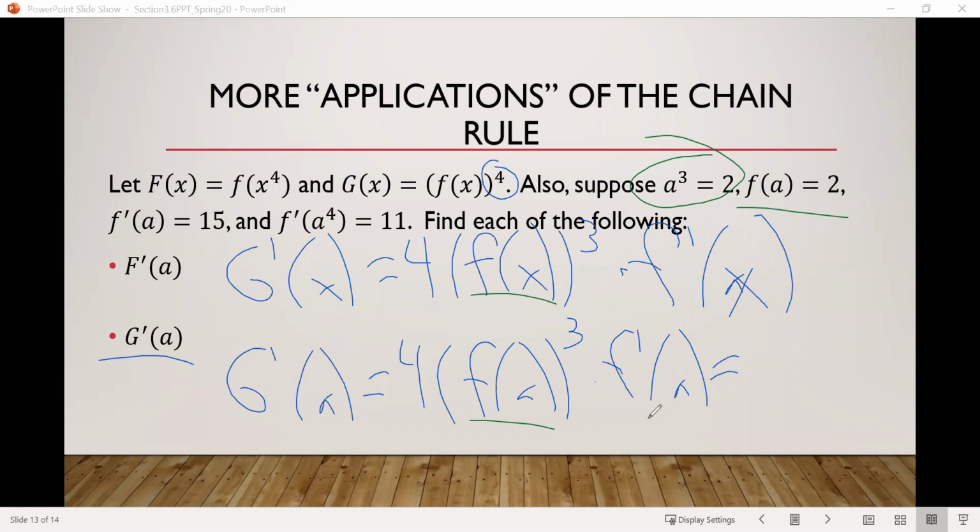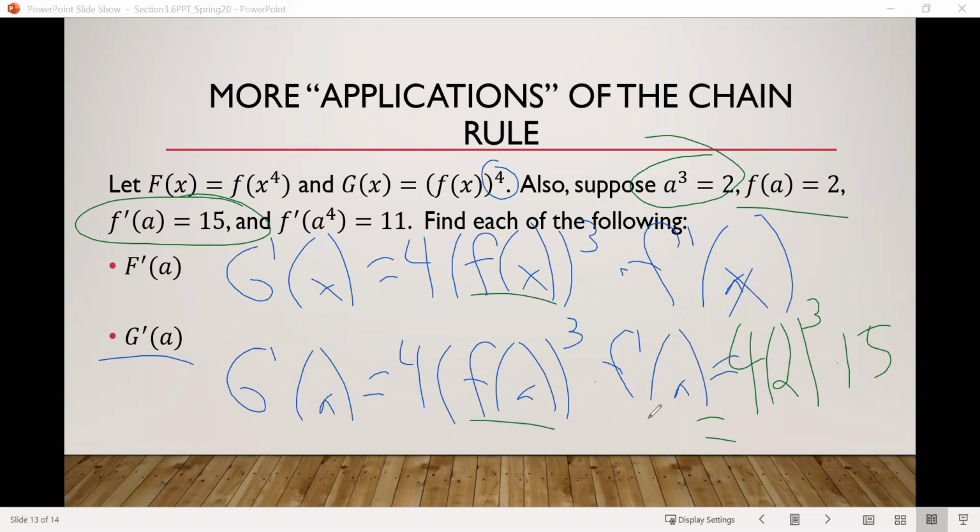I apologize. So f of a is 2, so this would become 4 times 2 cubed times f prime of a, we're told right here, is 15, so we have that multiplied by 15.